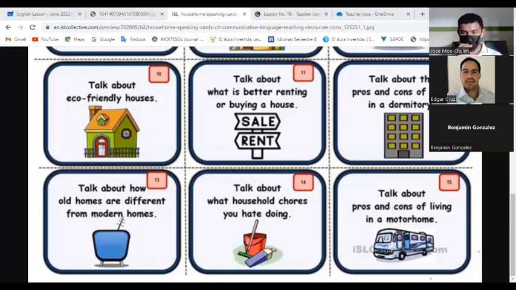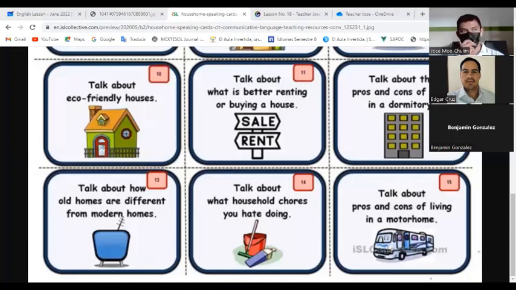Okay, Benjamin, can you talk about this too, please? Yes, Jose. Maybe the good thing is that you can live anywhere you want. The beach, the mountains, a lake, etc. The bad thing is that it's a small space and maybe a little uncomfortable to live in for a long time.